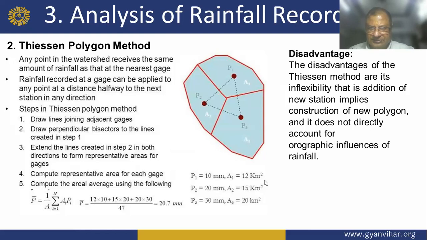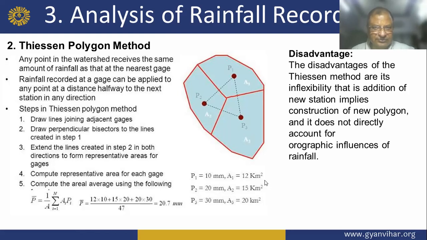First you mark on a map all the rain gauge stations, and after that you connect all three, and bisect the lines between the triangles, and that is the area of the rainfall theta.